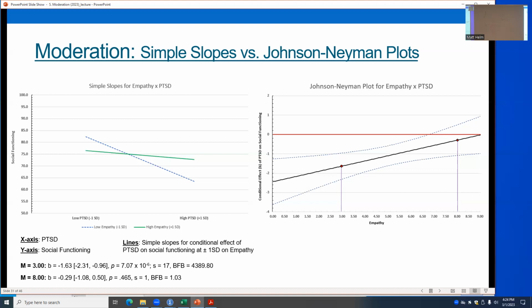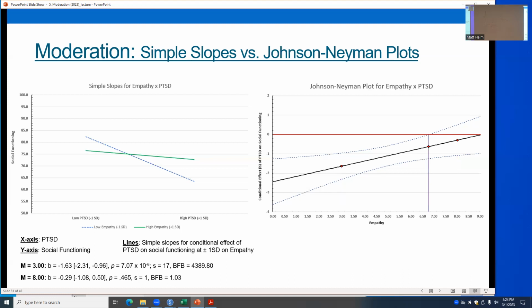What if I wanted to know at the cusp, at what point does PTSD stop holding an association with social functioning? At what level of empathy do we stop seeing a unique effect of PTSD on functioning? Where would that be on this graph? In between, yeah, somewhere in between, looking at that confidence bound, where the red line stopped. Right here.